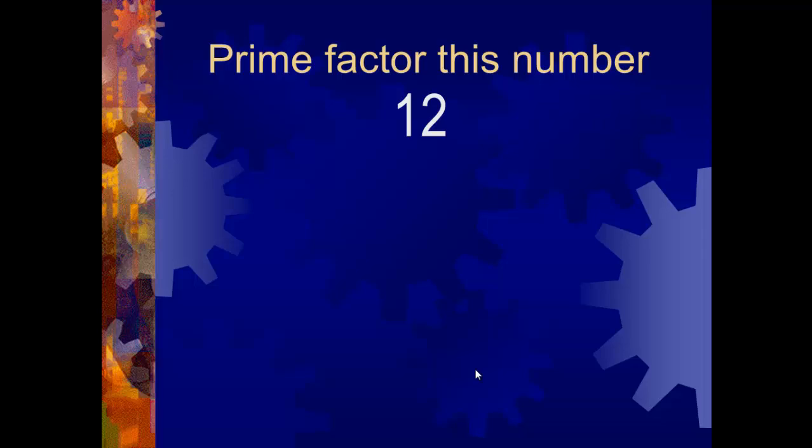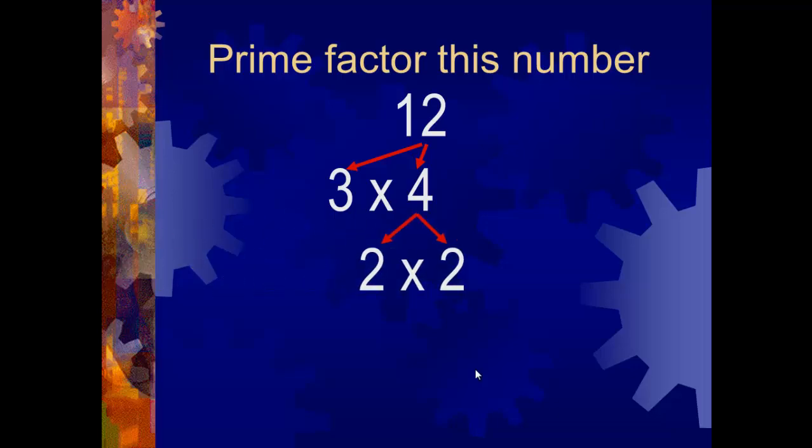Okay, 12. 12, you have 3 by 4 or 2 by 6, whatever you will write. 3 times 4. 3 is a prime, it's okay, but 4 is not. So we will break 4 into 2 numbers multiplied by each other from the timetable. 2 by 2. Now, the prime factors are 3, 2, 2.